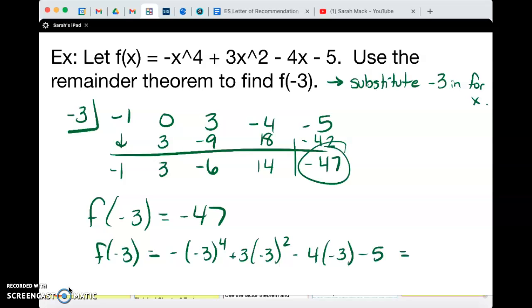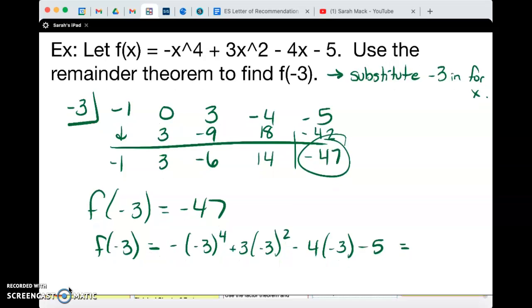So if I figured all that out, do I get negative 47 like we should? Eli says yes. So, check.